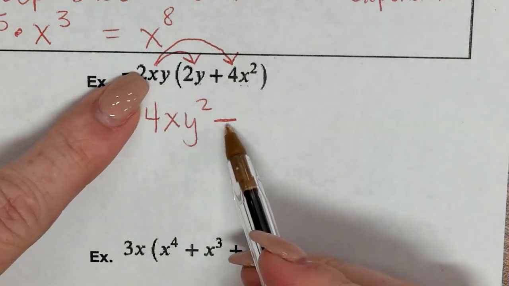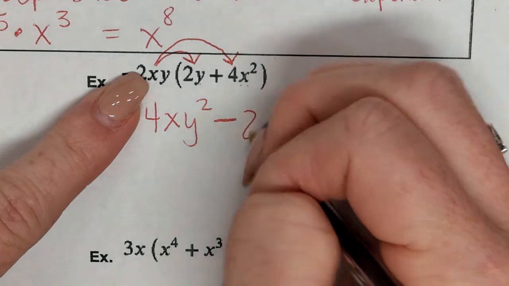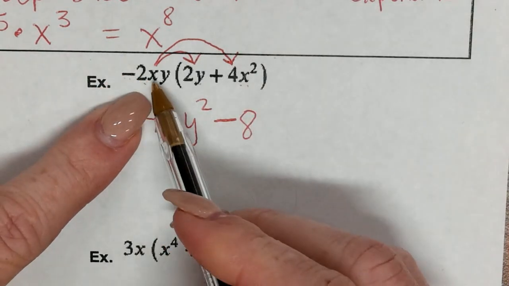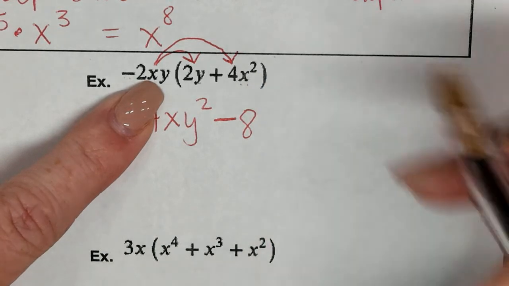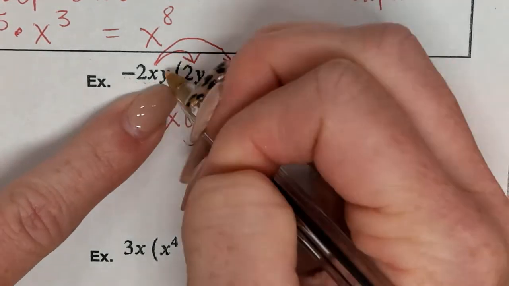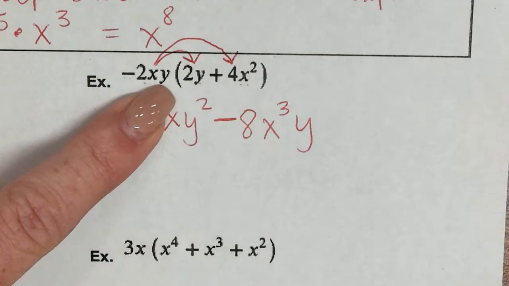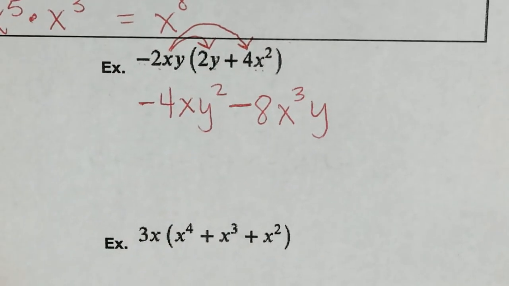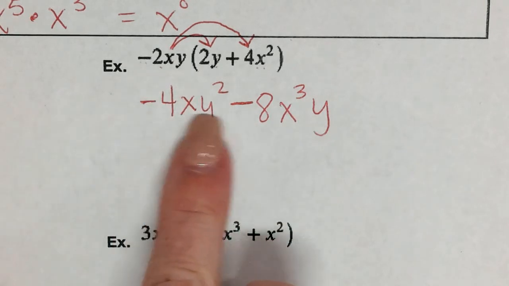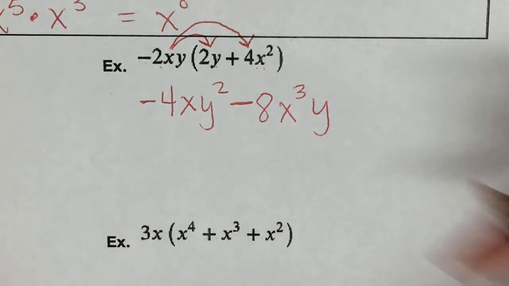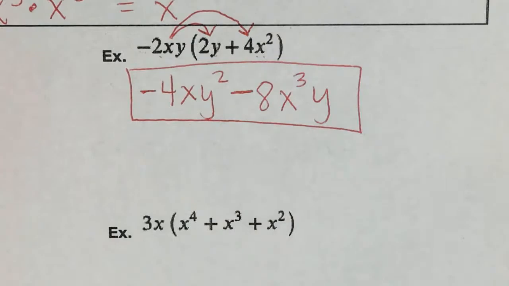Well, I already wrote my minus sign. Okay, so 8. And x times x squared is x cubed. And what is still there? Y. Okay, can I combine these? No, because these are not the same type of term. So that's my answer.